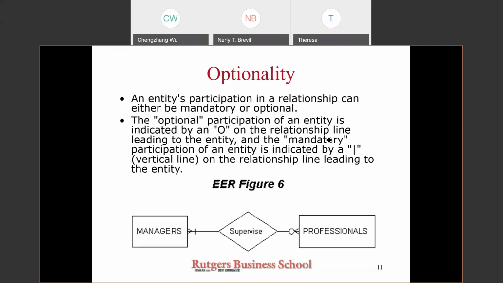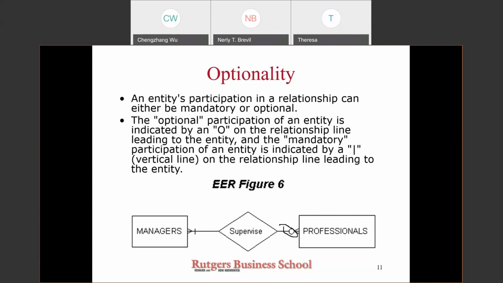So in the ER diagram, the optional participation of an entity is indicated by a circle, that is, this circle here on the relationship line leading to the entity.